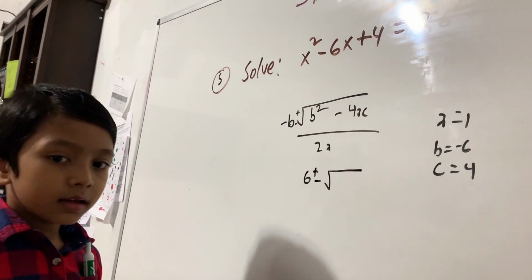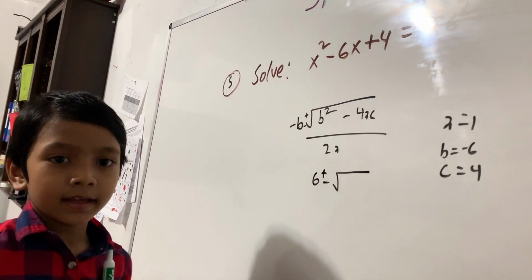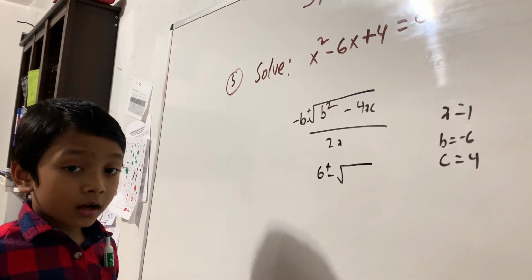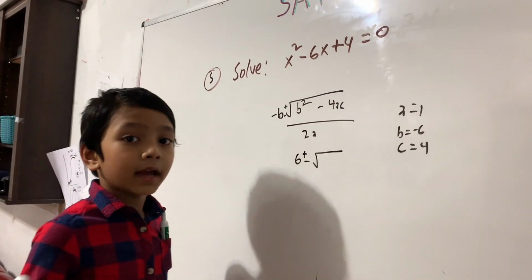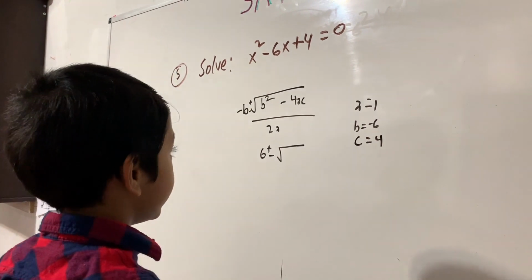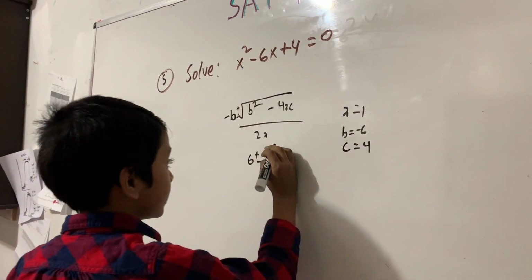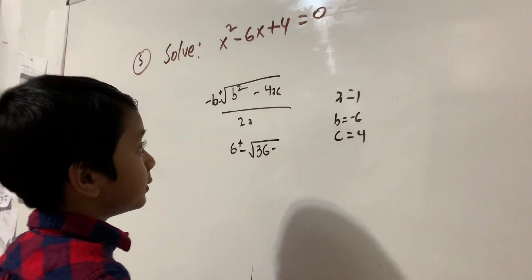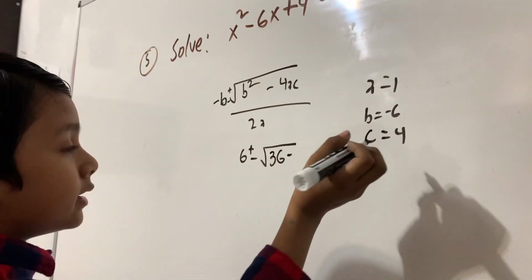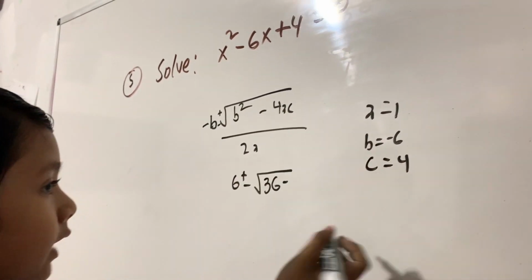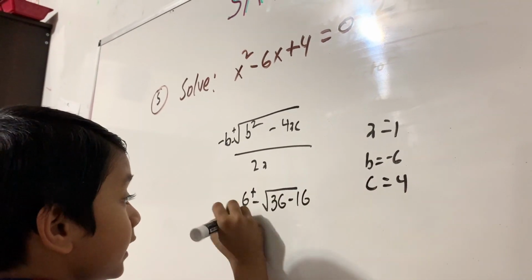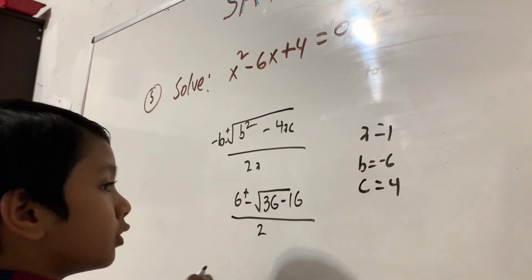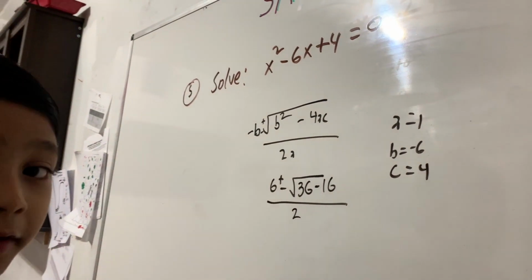Remember that a negative number multiplied by itself an even number of times is positive. So 36 minus 4 times a is 1, times c is 4, so 16. So over 2a, so 2 times 1 is 2.